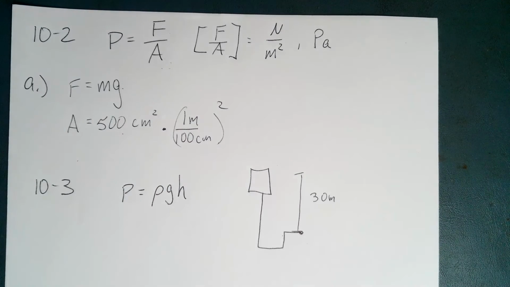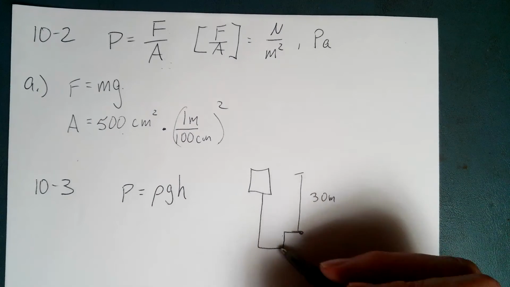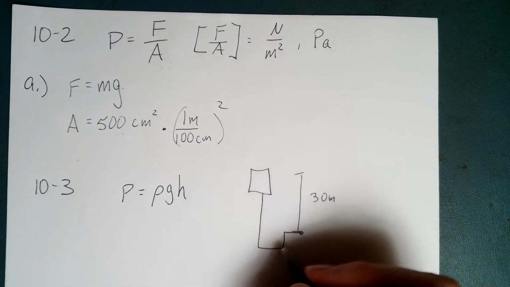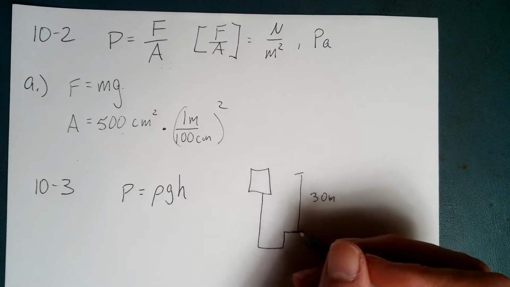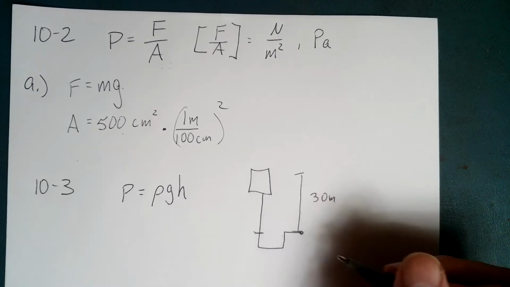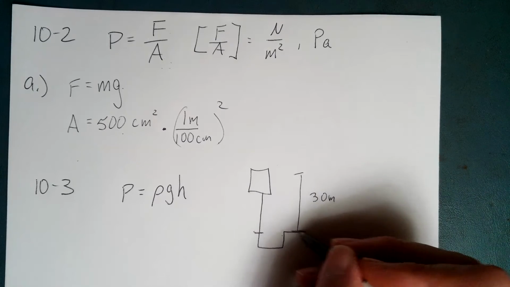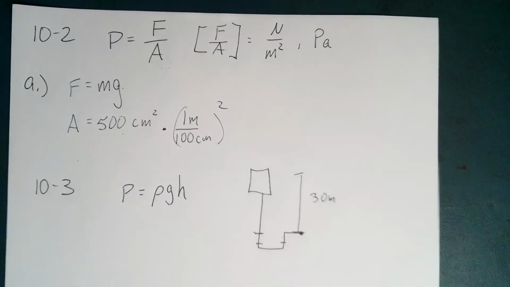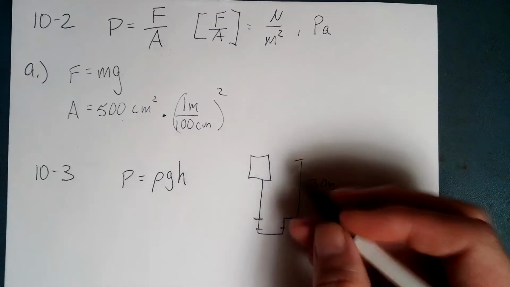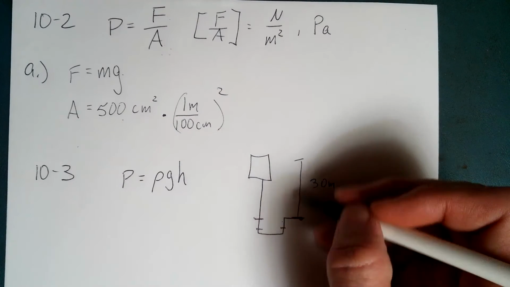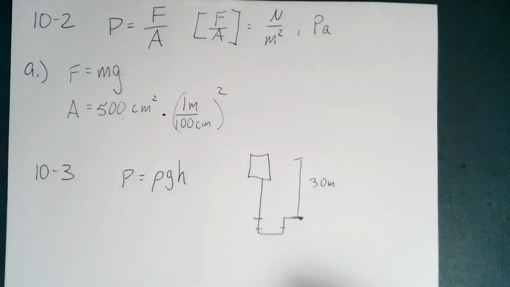Now, it turns out it doesn't matter what the pipe does, so it doesn't matter that it goes down and back up. So pressure depends on height. So say at this little section, let's say here's the height of the faucet. So the pressure here is going to be the same as the pressure on the other side. And the pressure here is the same as the pressure here. Okay, so whatever loops, as long as you don't try to go back up above the original water tank.